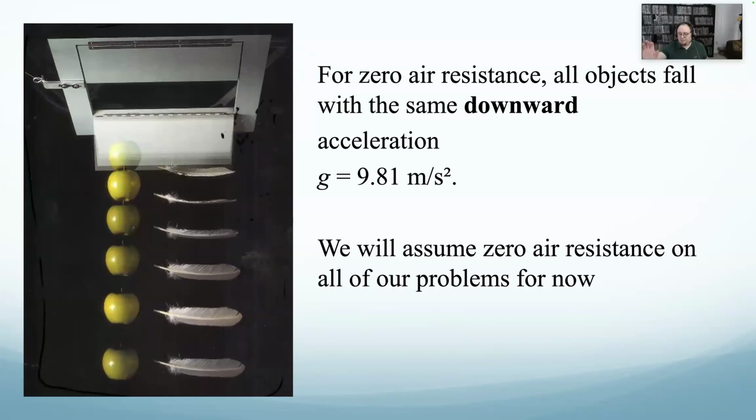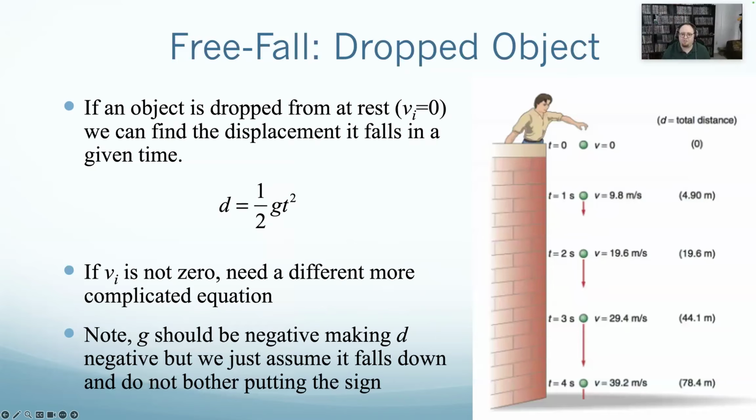Now, no air resistance. Let's say we just drop something, right? I can talk about the distance it falls. If you drop something, the displacement it falls will go as 1/2 gt squared.